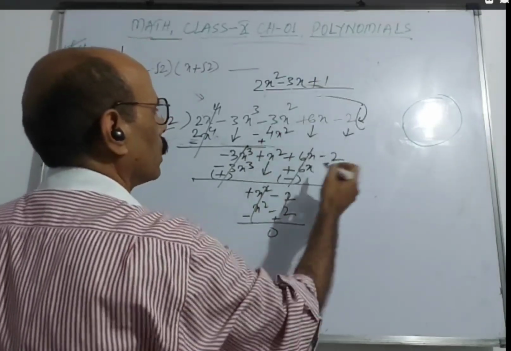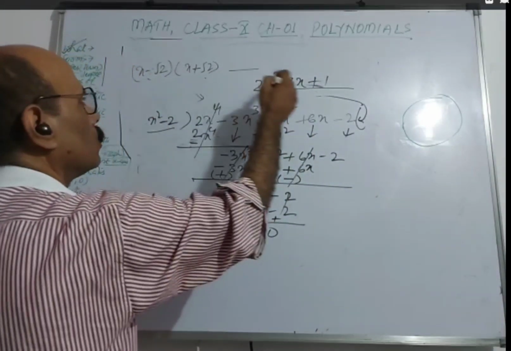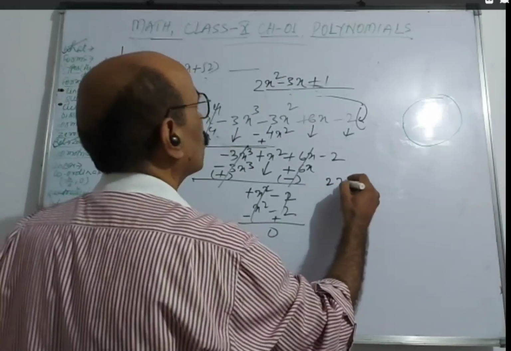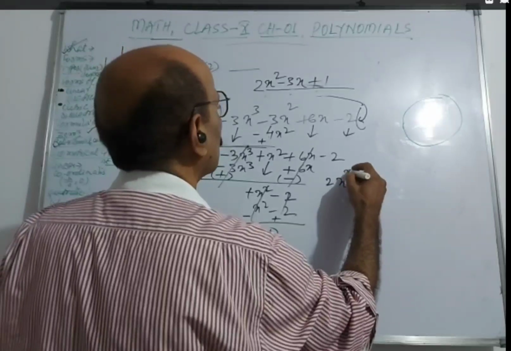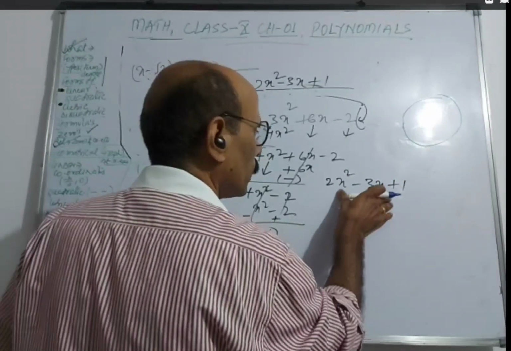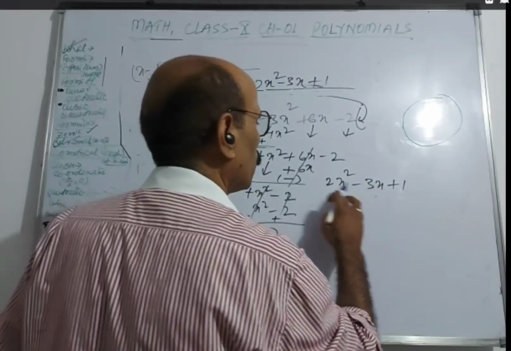Another factor is what? Other than these two, this is the other factor: 2x square minus 3x plus 1. Factorize this, then 2 factors will come.